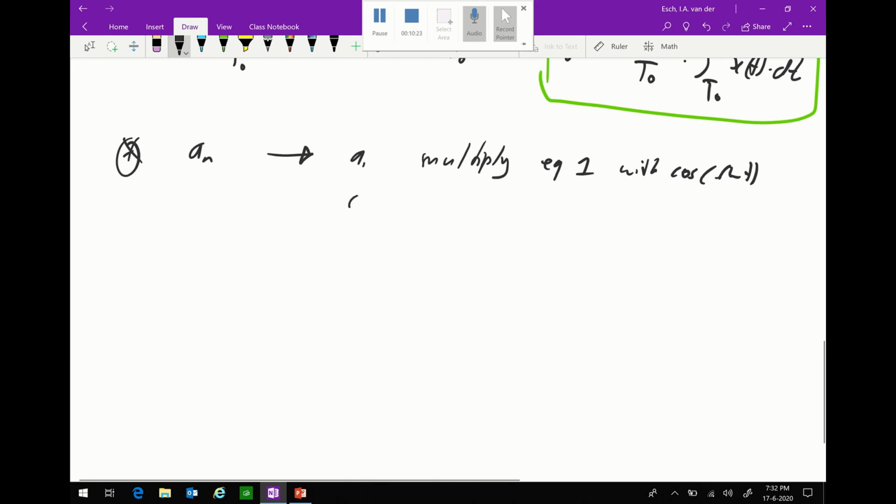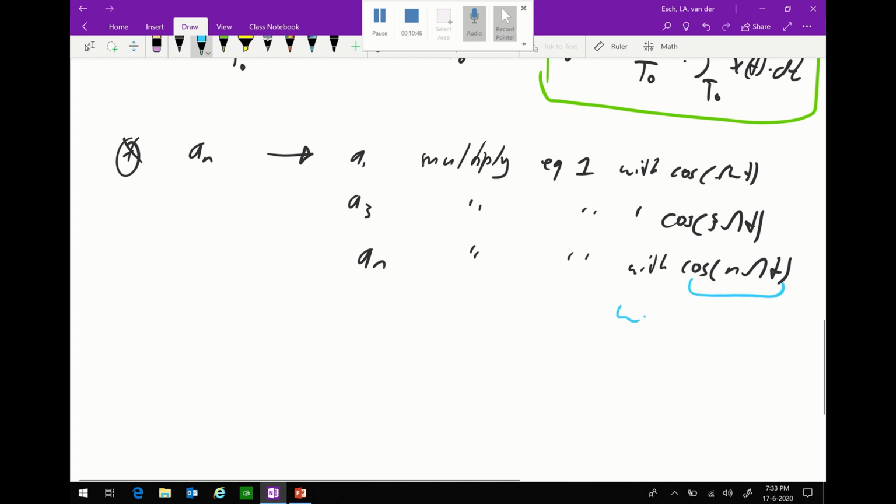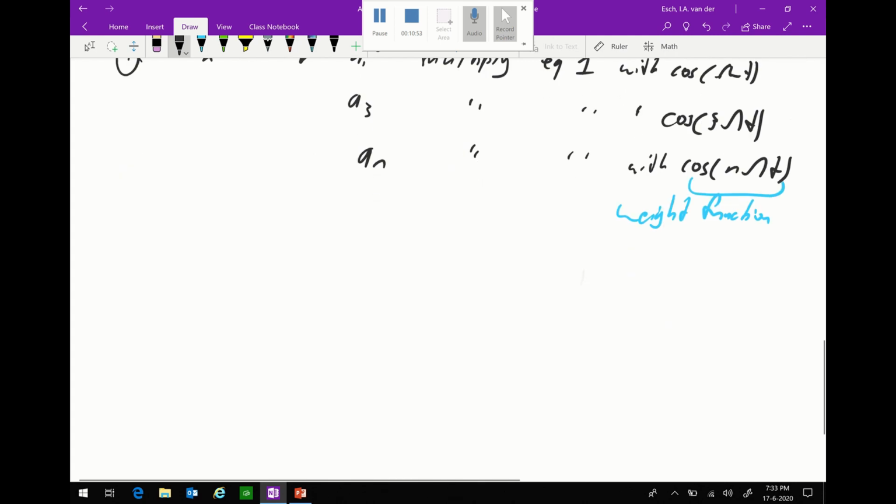And if we want to determine a3, then we do the same, but with cosine 3 omega t. And in more general, for an, we multiply equation 1 with cosine n omega t. And you can see those cosine n omega t as a kind of weight function. So let's do that.